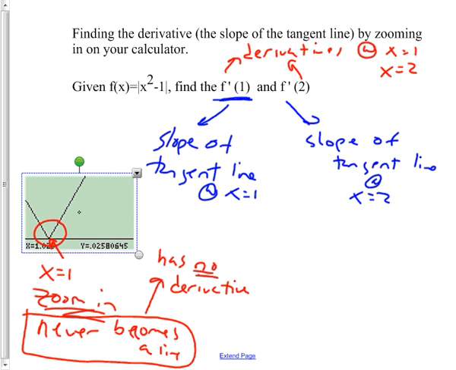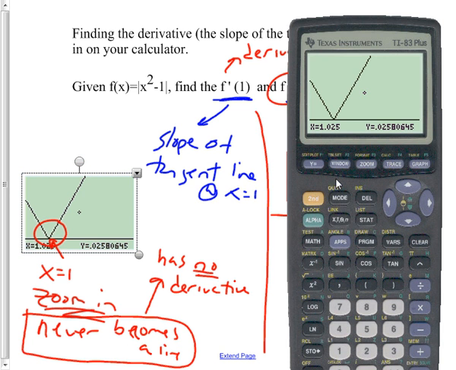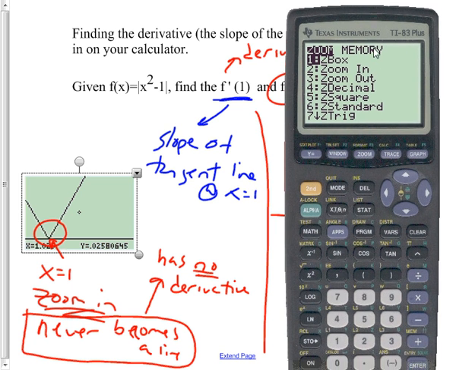The converse being, let's find f prime of 2, or look at the derivative when x equals 2. And this is going to be very different. When x equals 2, let's zoom out again, so let's go zoom 6, and do a zoom box at x equals 2.